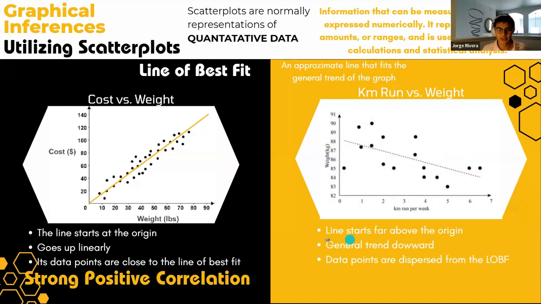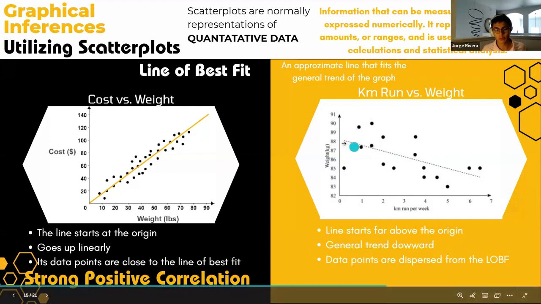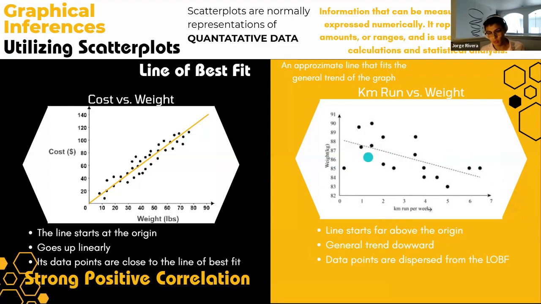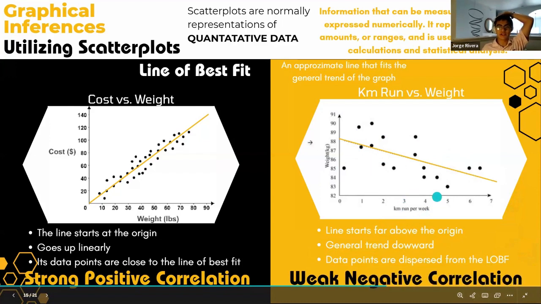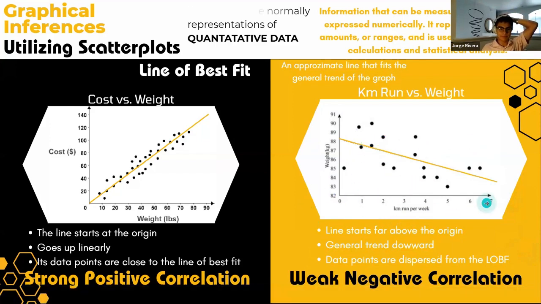Using this and other clues, such as that the line starts far above the origin, that there is a general trend downward, and the data points are dispersed from the line of best fit, we can say with certainty that this is a weak negative correlation. It is negative because it is going down, and it is weak because the dots are not very close to the line of best fit.